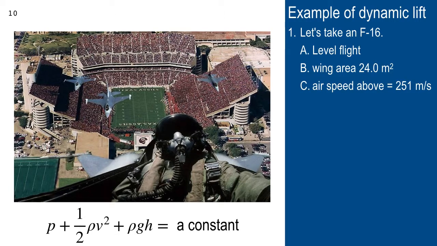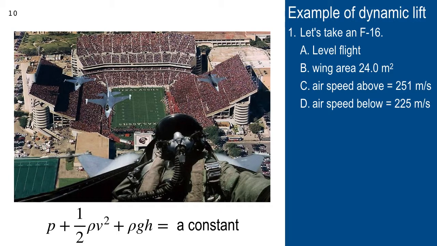All right, airspeed above the wing, a little bit higher, 251, and below the wing, 225 meters per second. These numbers might be a little bit fakey, because I don't know that the difference in the velocities is that big.